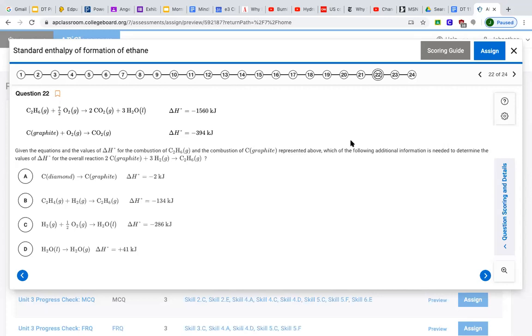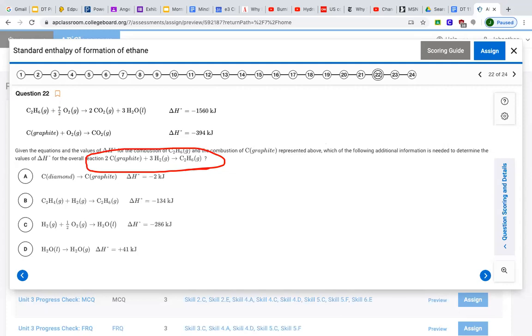That's really interesting. So you're trying to figure out which additional reaction would allow you, with the other two presented on top, to determine the enthalpy of this reaction. That's what we're trying to figure out.